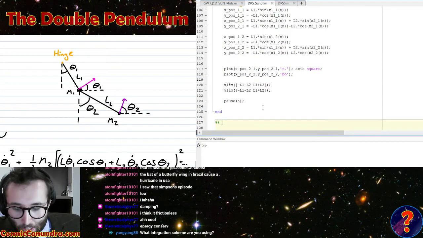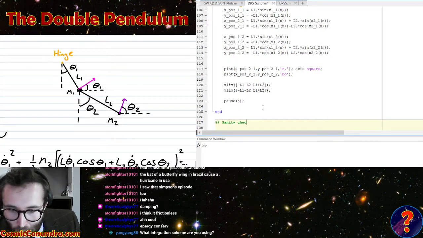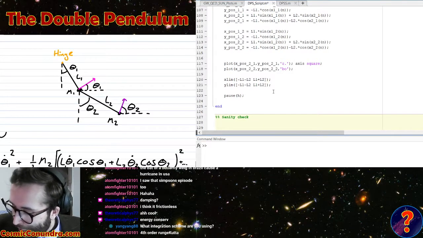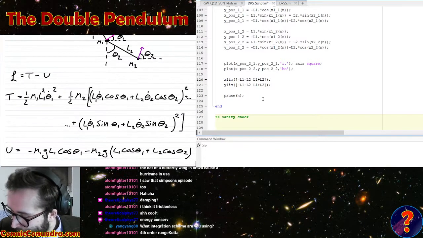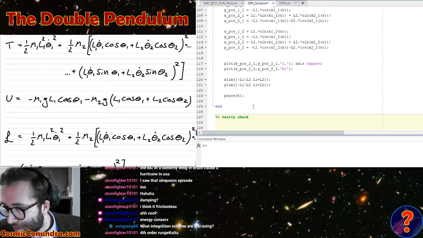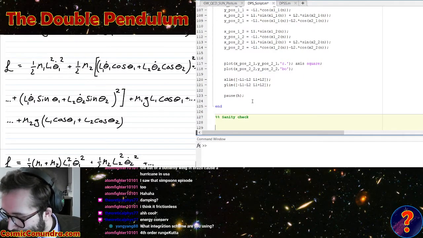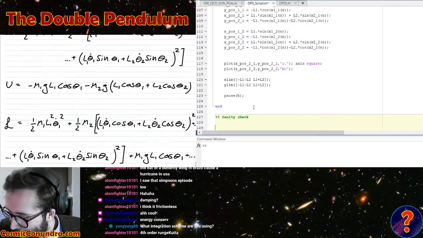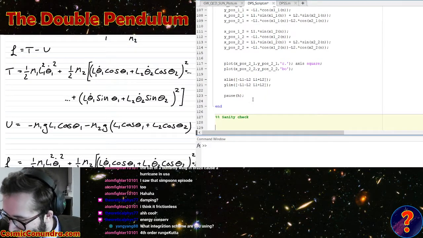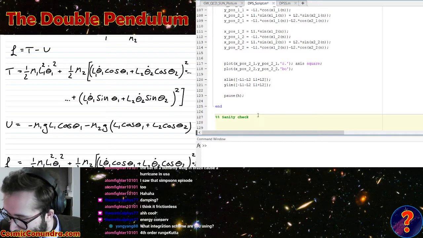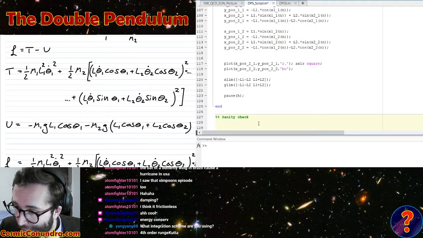But now what I want to do is a sanity check. So I want to evaluate the total energy of this system and see whether it's conserved. It turns out it won't be conserved. So in order to do this, I basically have to take these expressions we found earlier for total kinetic energy and total potential energy, but now instead of subtracting them as we did when calculating the Lagrangian, we want to add them to give us the total energy.